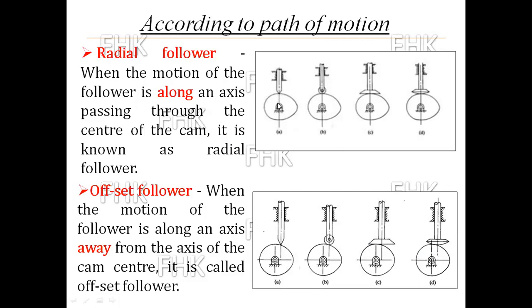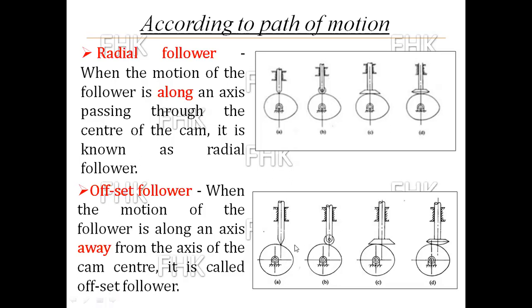Clearly understand, when the axis of rotation of cam and the axis of movement of follower are both collinear or coaxial on the same path, at that time this follower is called a radial follower. And offset follower: when the motion of the follower is along an axis away from the axis of cam center, it is called an offset follower.